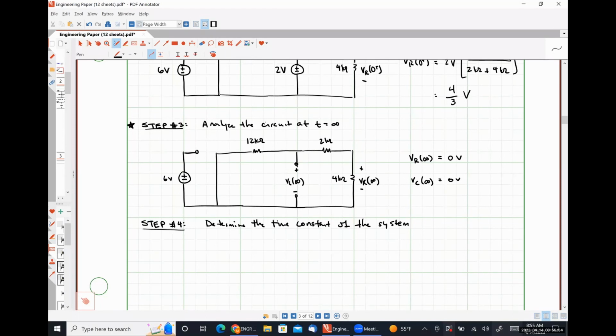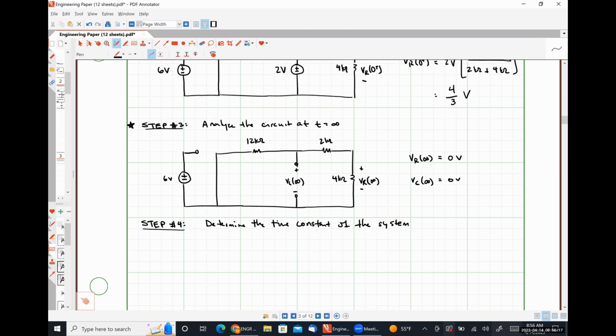So what we are going to do is determine what is effectively the Thevenin equivalent capacitance and the Thevenin equivalent resistance of the system during the transient condition.